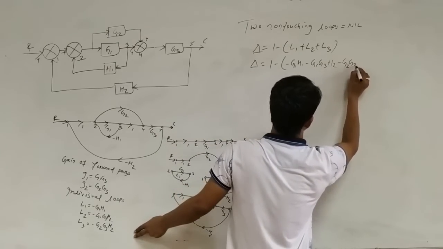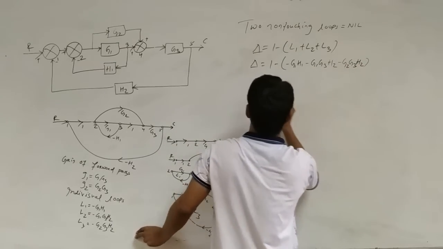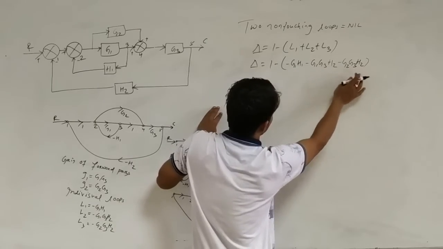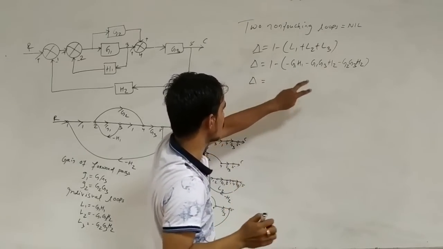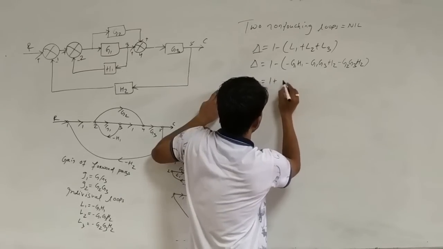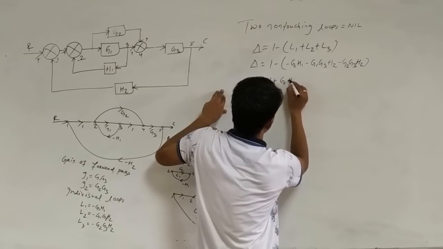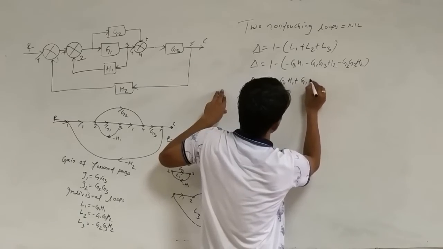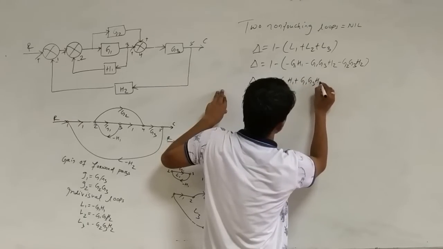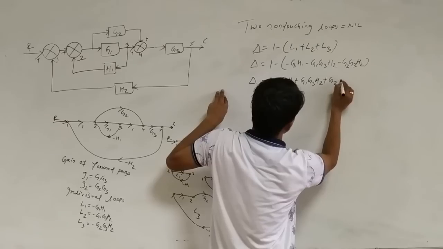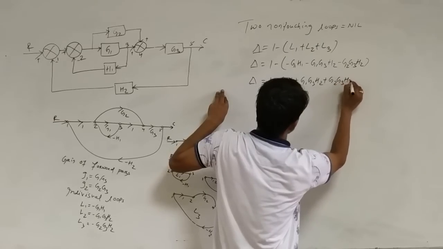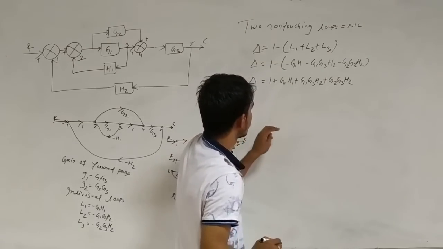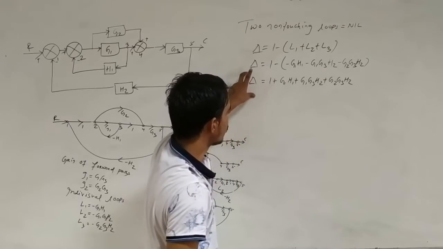So delta will be, multiplied, all the 3 terms being negative, it will be plus: 1 plus G1 H1 plus G1 G3 H2 plus G2 G3 H2. Okay, so delta will be this one.